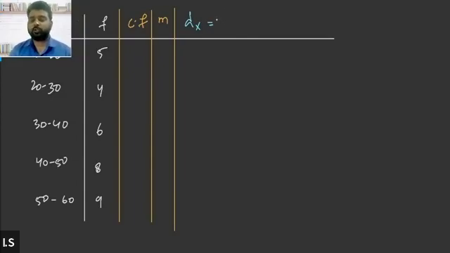Now in order to calculate the dx, we will be subtracting the median value from the mid value. Getting it? Because we do not have the item, we do not have the x this time. Earlier we used to calculate deviation by subtracting the median value from the item, x minus median.